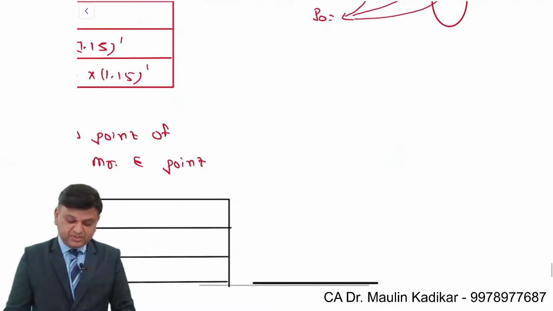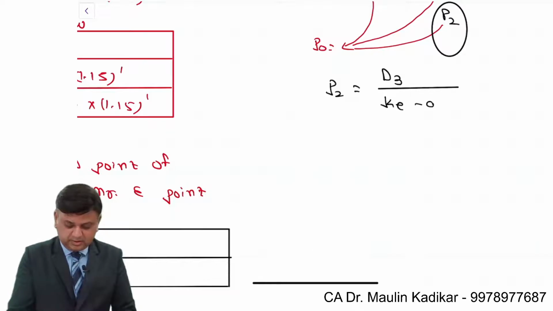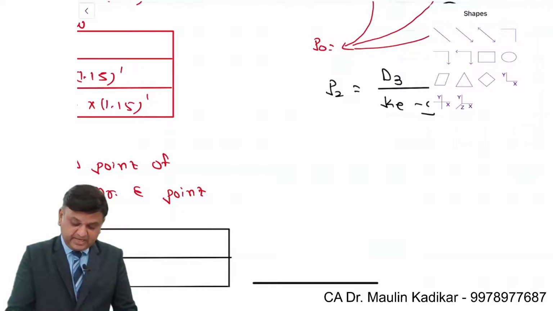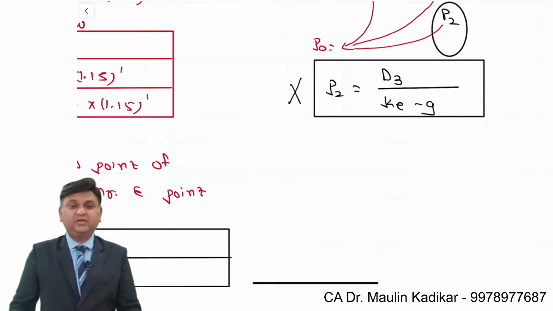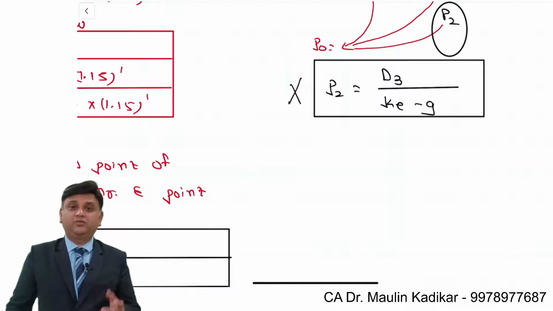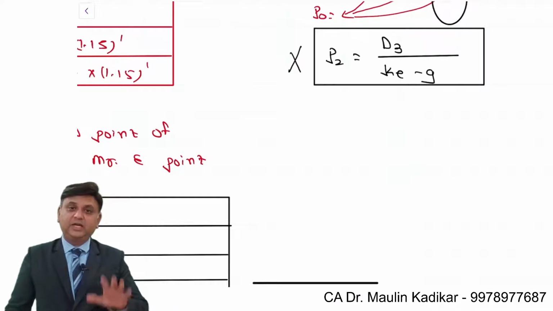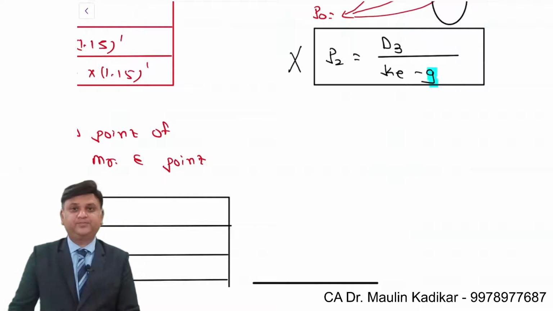As far as the P2 calculation is concerned, we have studied a formula like this: D3 divided by KE minus G. Is this formula correct? Absolutely, this formula is correct. Can I apply this formula here to calculate P2? The answer is no. Why? Because for applying this formula, the important condition is that the growth rate has to be constant for perpetuity.